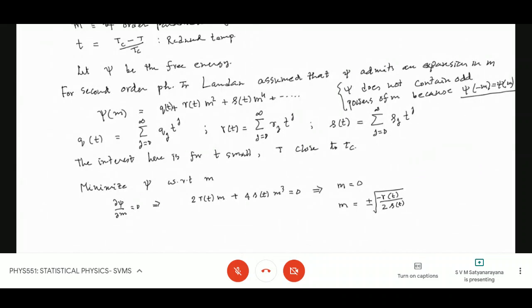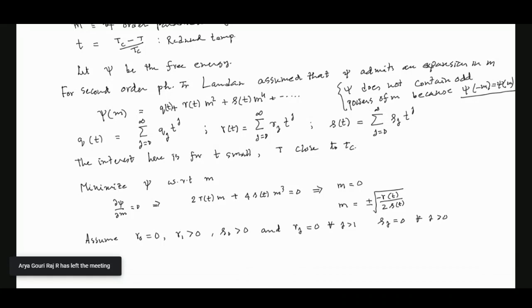Let us assume that r0 is 0 and r1 is greater than 0 and s0 is greater than 0, and neglect rj is 0 for all j greater than 1 and sj is 0 for all j greater than 0.